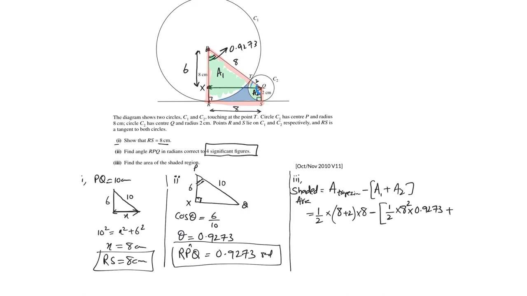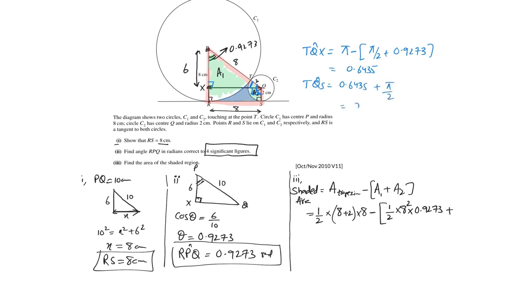Using the sum of the angles of a triangle, you can find this angle TQX, which would be pi minus, this is pi over 2 plus 0.9273. So this angle comes out to be 0.6435. Now you know that this XQS is pi over 2, so what will the complete angle TQS be? 0.6435 plus pi over 2.